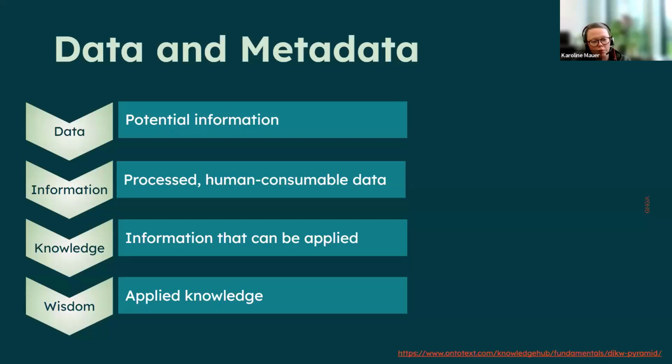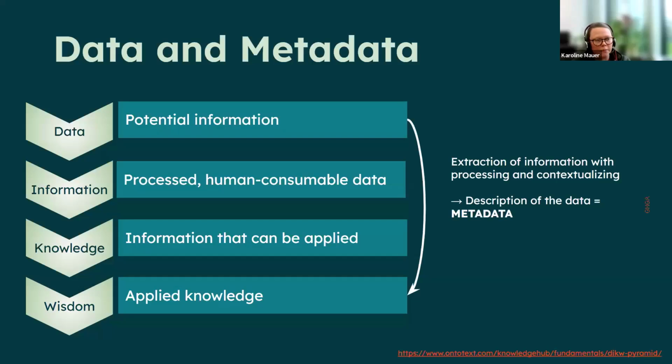Wisdom is applied knowledge, and now you ask, how can I use the data, information, and knowledge I have to achieve my goal? In order to walk up this hierarchy from data to wisdom, you not only need the data, but you also need the context and the description of the data, which we know as metadata.